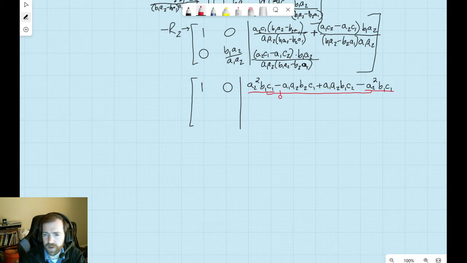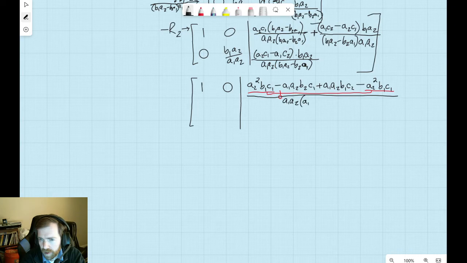These things here have A1, A2 as a common factor, so it can be factored out. That's going to be nice. Okay. Divided by A1, A2, A1, B2 minus A2, B1, but this is going to be negative.